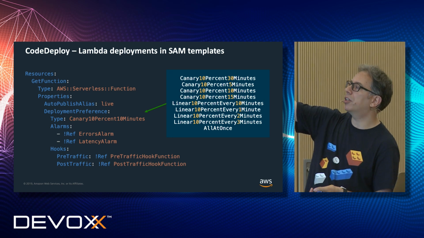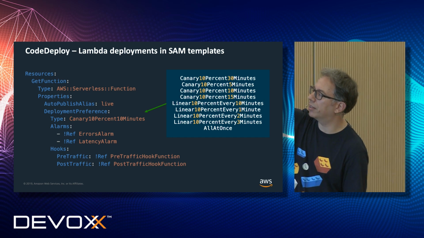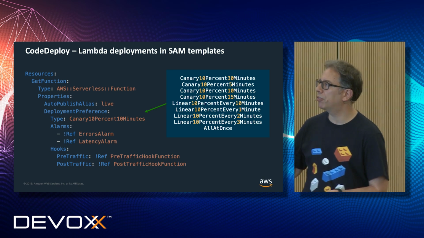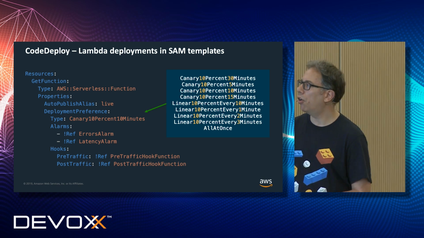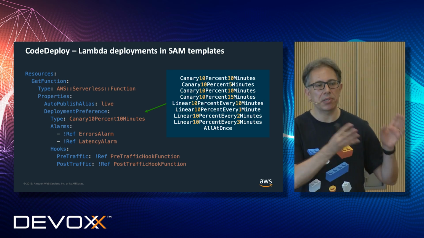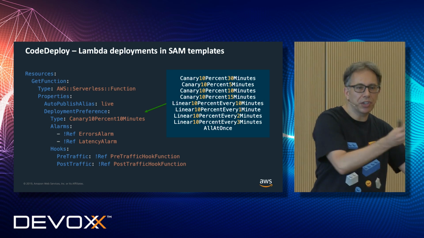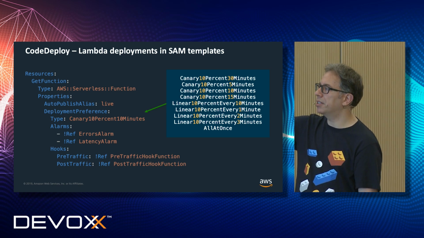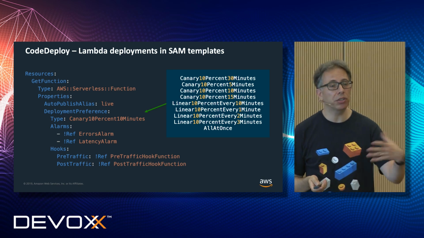So when you create a function, you just need to add a deployment preference. So for example, I want to do a canary deployment for 10% for 30 minutes, or I want to do a linear deployment so that every minute, 10% of my customers are moved from the old version to the new version. You can add, it's optional, but it's suggested, alarms that we monitor during the deployment.